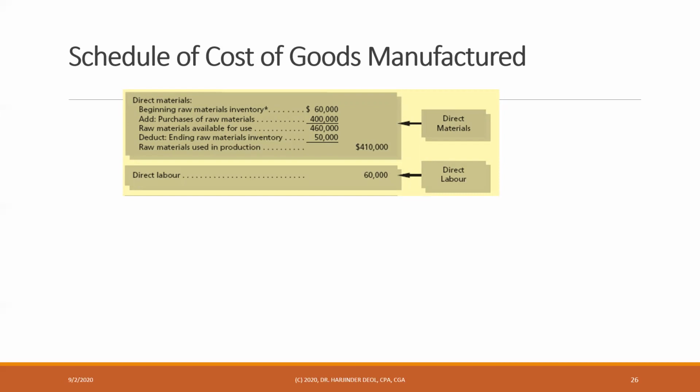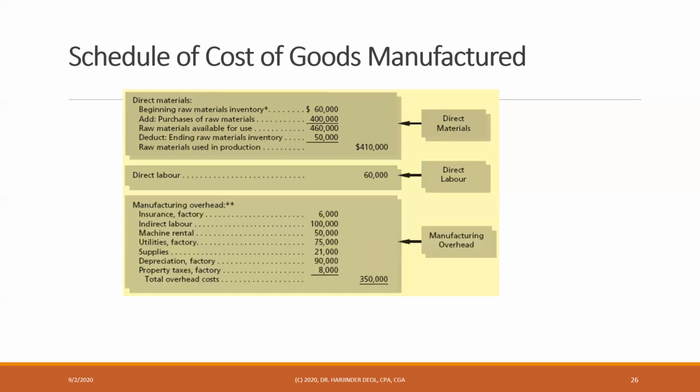It's about keeping track of the wages paid to employees that actually manufactured the goods. And then you'd look at manufacturing overhead. And manufacturing overhead, remember, is all manufacturing costs that are not direct materials or direct labor. So you'd include indirect materials, indirect labor, and any other factory-related costs.